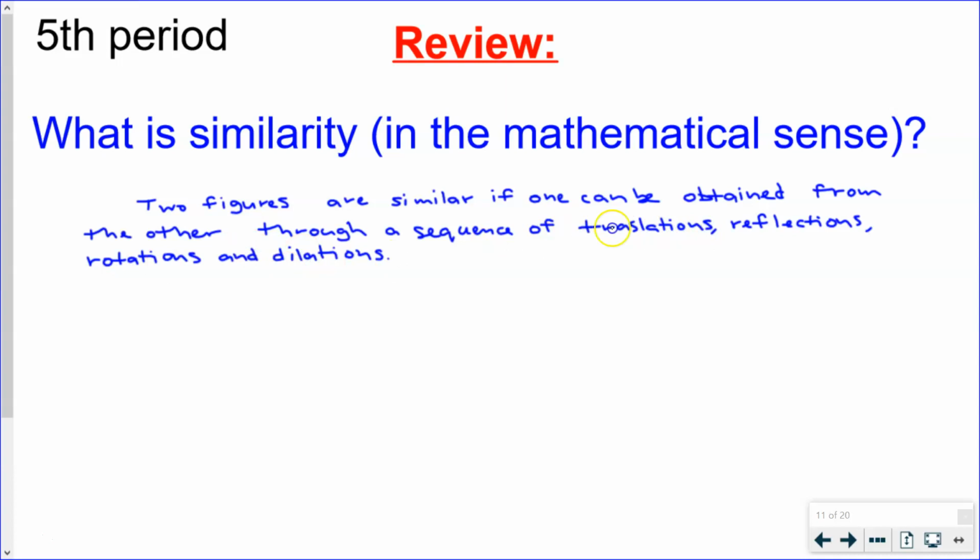If all I'm doing is translating the figure, are the angle measures going to change? No. What if I'm reflecting it? That means I'm just flipping it. Are the angle measures going to change? What if all I'm doing is rotating it? Are the angle measures going to change? What if I'm dilating it, making the figure bigger? Are the angle measures going to change?